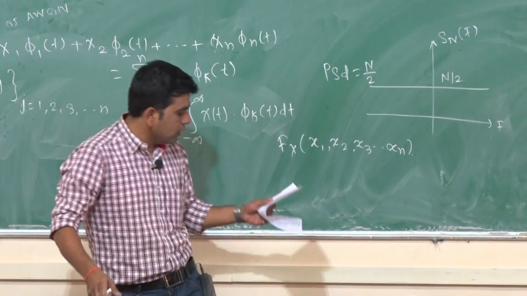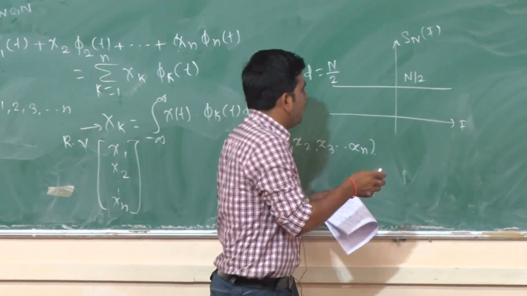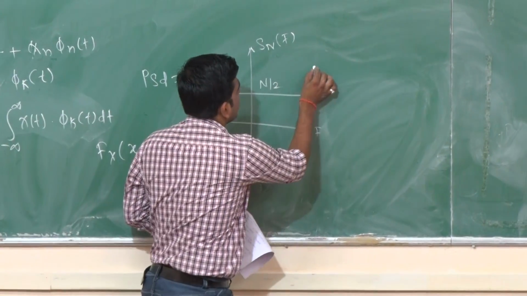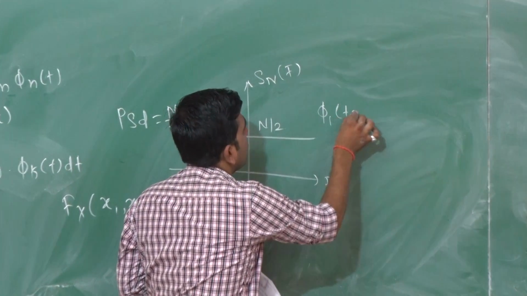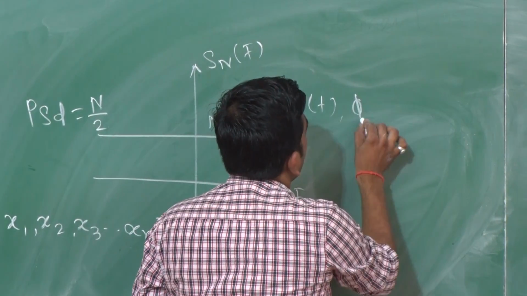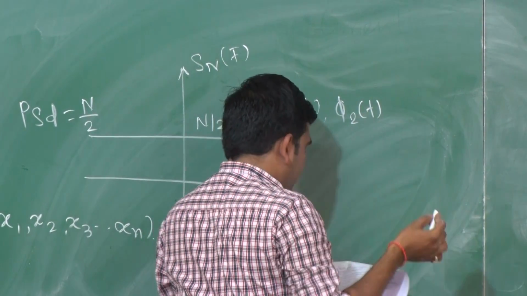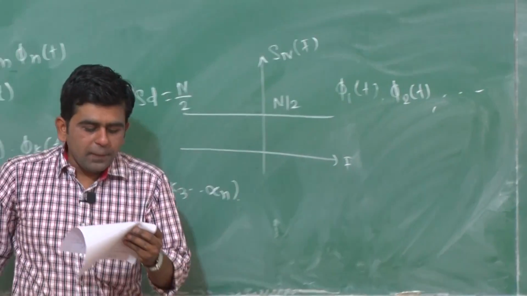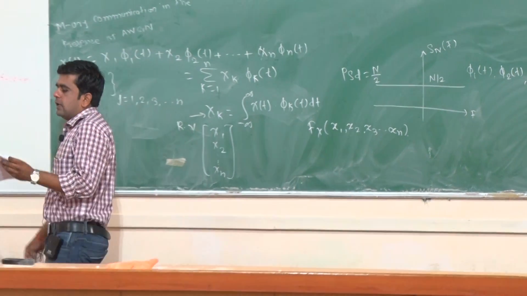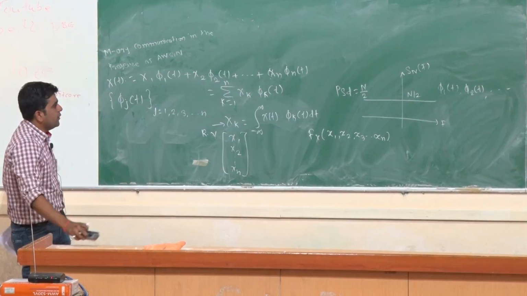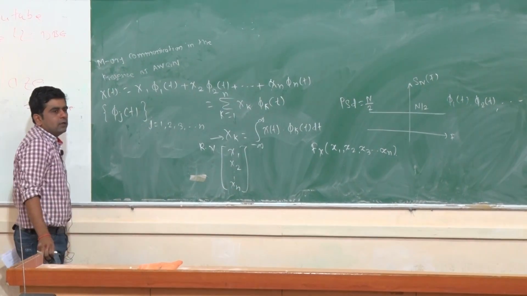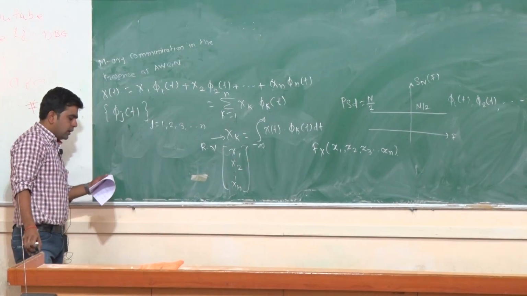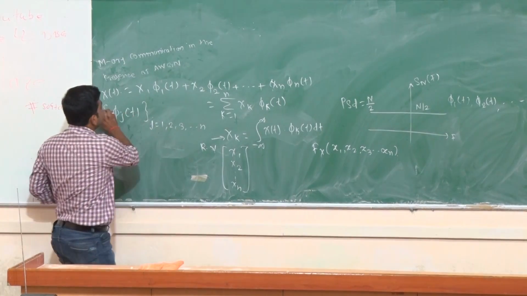Infinite. So write down, we require phi 1 of t, phi 2 of t, and so on, a complete set of orthonormal basis signals.